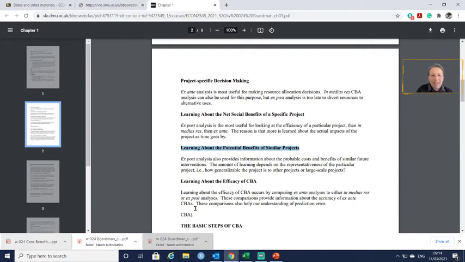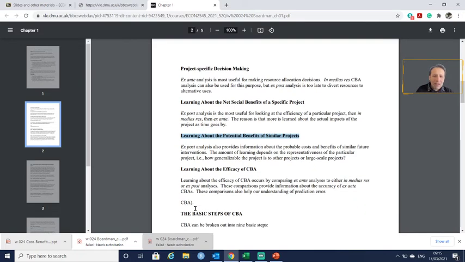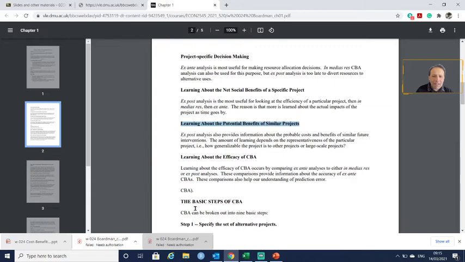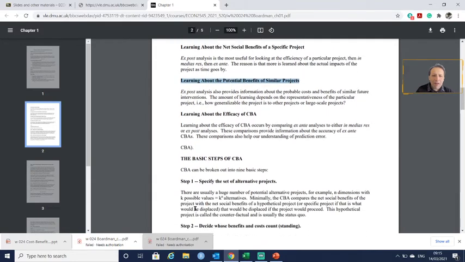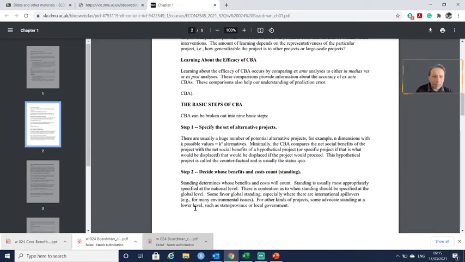The efficacy is based upon how well the first CBA analysis was conducted. So it's an assessment of the initial CBA analysis, to find out the error or the efficacy degree of the first CBA analysis.